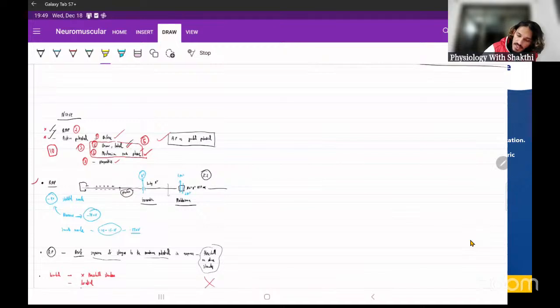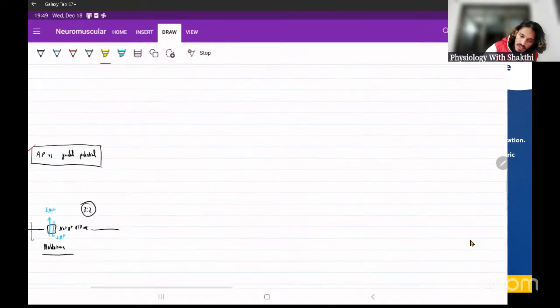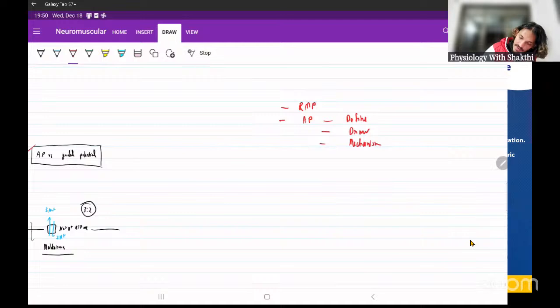Okay, so these are the various questions that we have covered today. Of that, the most important questions are, what is RMP? Okay, just for you to understand what the questions are. RMP you have to learn. Action potential you have to learn. You have to define action potential. Okay, you have to draw. Then the mechanism of different phases. Then you have to talk about the properties. Then you talk about the neuromuscular junction.